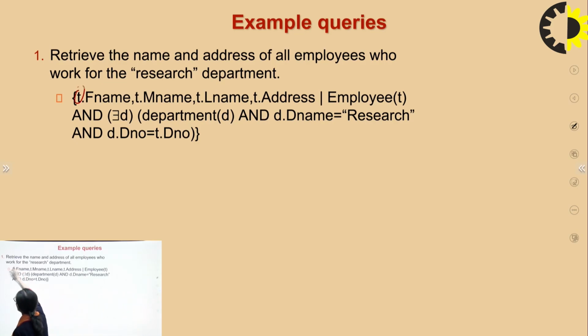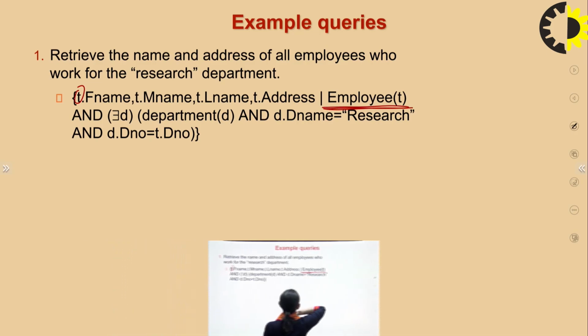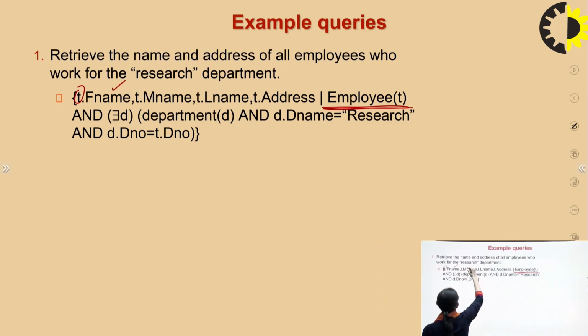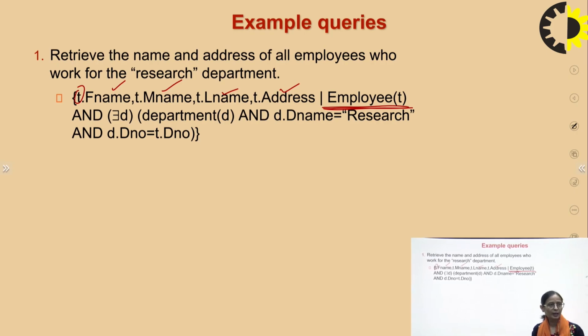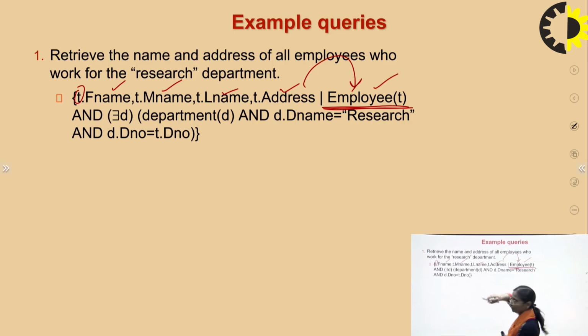So T, my tuple, ranges over the relation employee. So here T dot F name, M name, L name, and what I need to print, address. And I need another relation also, but in this relation I am using it for the joining part. After declaring my range, because all my attributes are coming from this particular relation, this becomes my range.